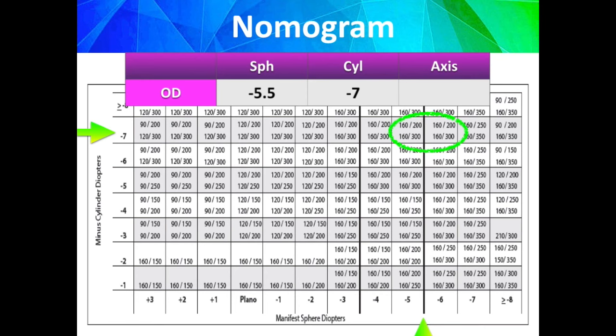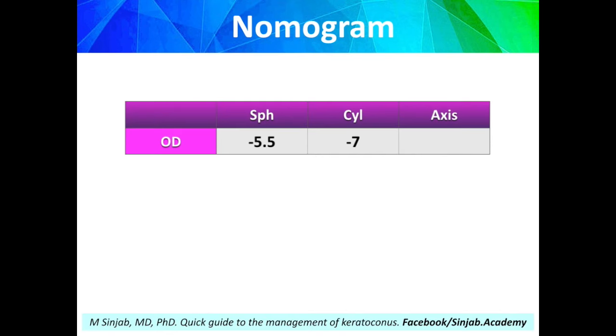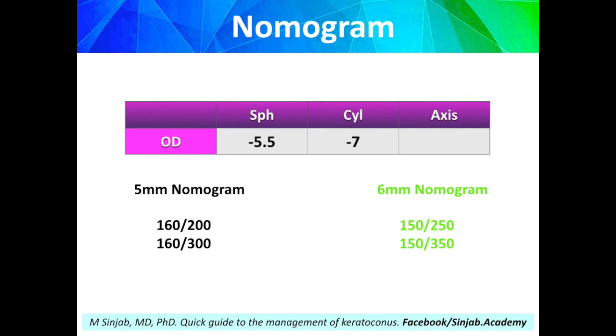So if we are going to use the 5 millimeter nomogram, the measurements will be 160, 200, and 160, 300. And if we want to use the 6 millimeter type, the measurements will be 150, 250 microns, 150, 350 microns.